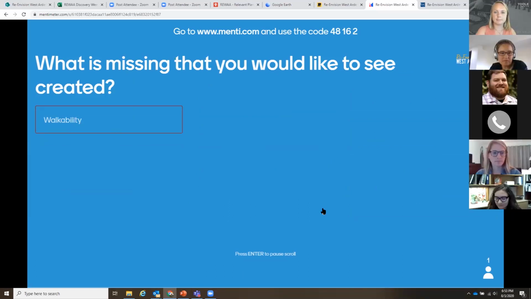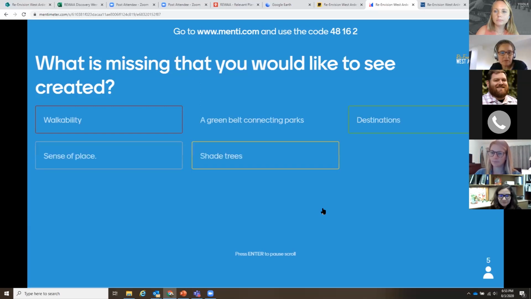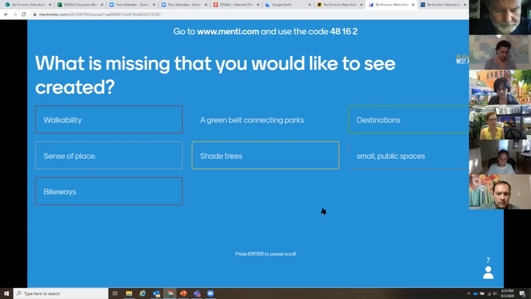More walkable. Interesting idea, Greenbelt connecting the parks. They've got some great parks within the community and just adjacent. So how we can stitch those together so you intuitively or legibly know how to get from one to the other if you wanted to.